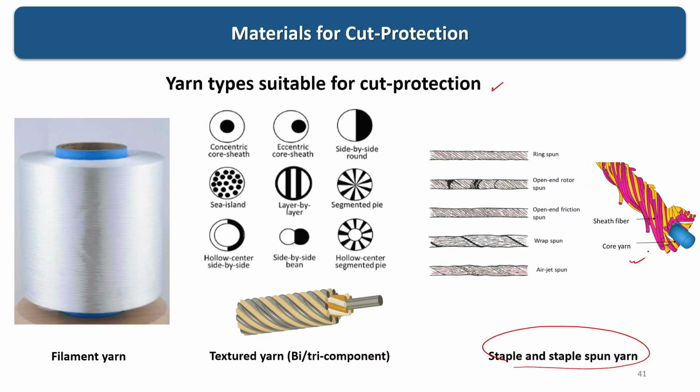Mainly we use the core sheath type of yarn in these cut protective textiles. Also ring spun and core spun yarn made from the ring spinning process, open end process, friction spinning, wrap spinning. So, through different types of spinning processes we develop different types of cut protective yarns.